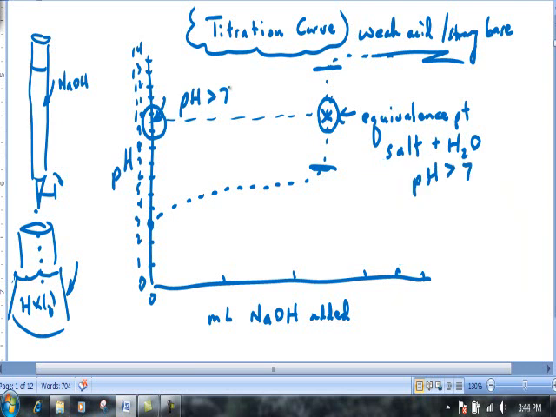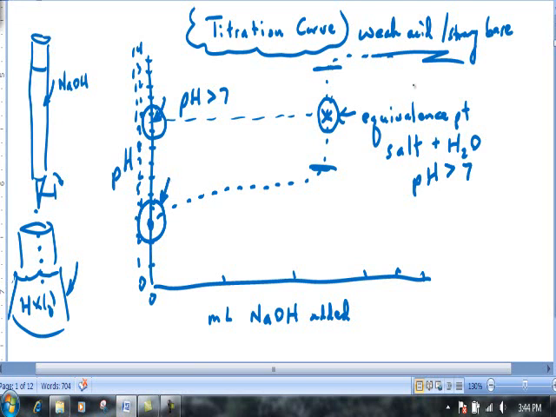Now, some key features in a weak acid strong base titration curve. Our initial pH tends to be something a little bit higher. It can be 2.5, 3, 3.5, or 4, because a weak acid does not completely dissociate. So the number of hydronium ions created is fairly small, so the pH is a little bit higher than what we would see for a strong acid.